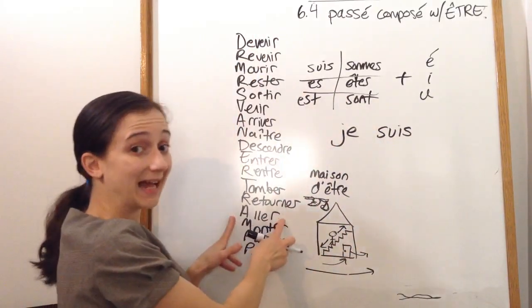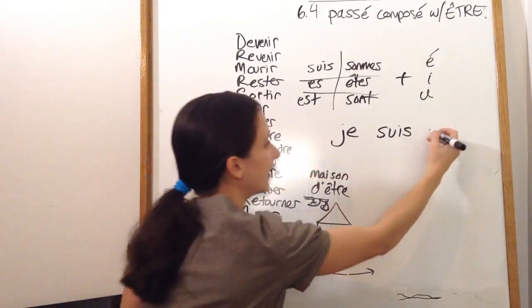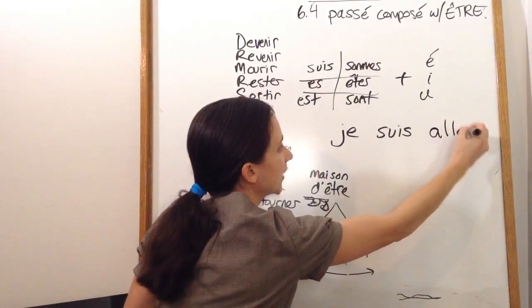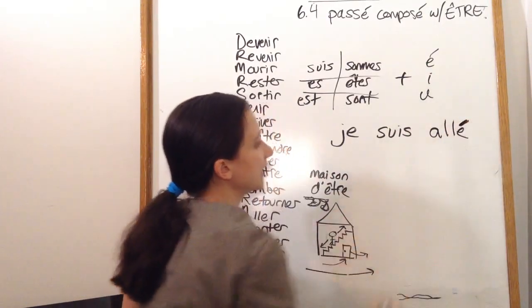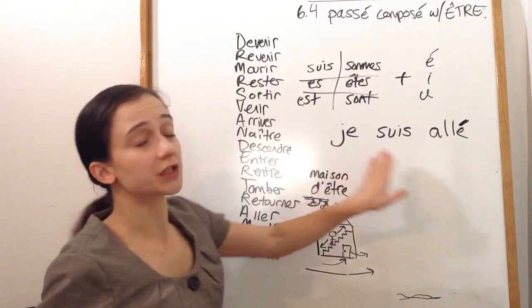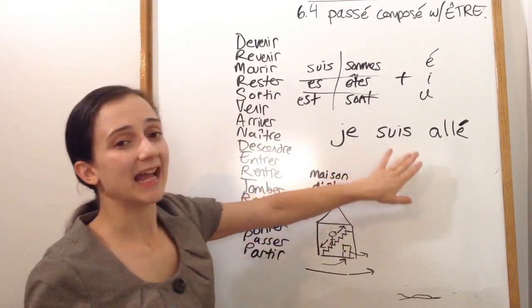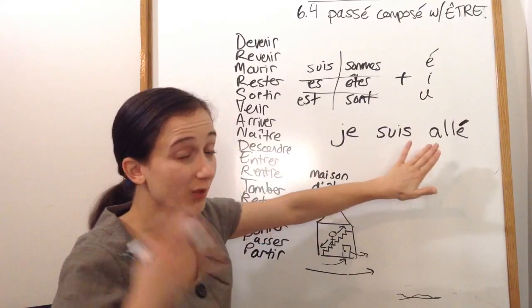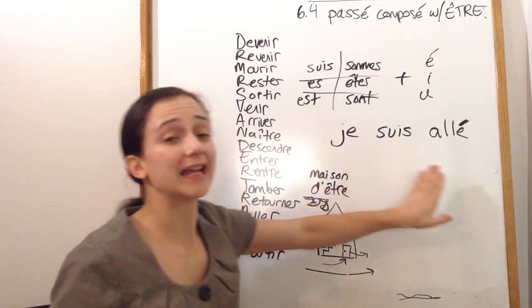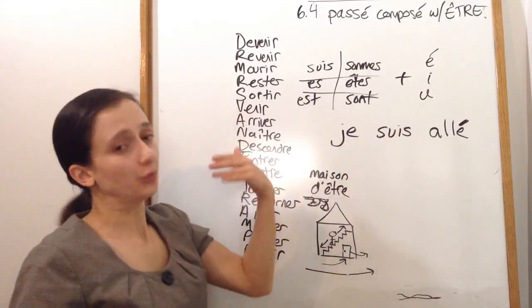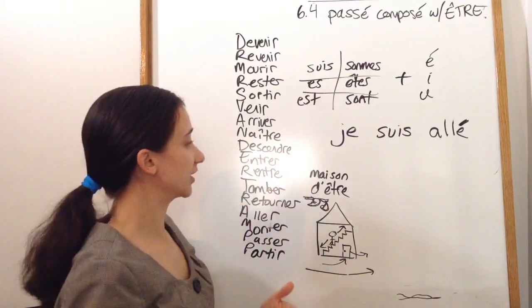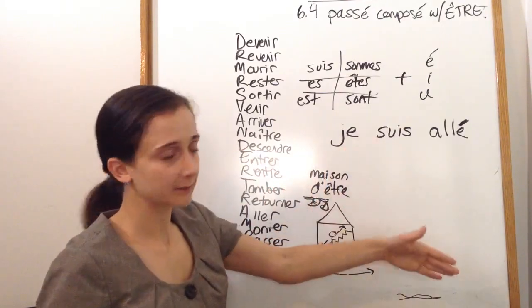We have aller. Aller is an ER verb. Take off the ER, add an é with an accent aigu. Je suis allé. I am gone. You can literally translate it, I am gone, but a better translation would be, I went.